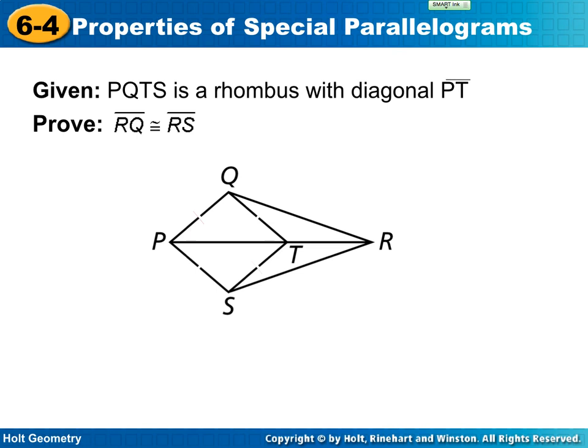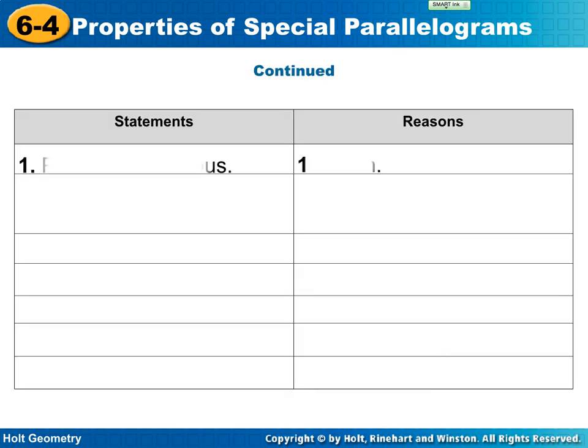So think, if I'm given that's a rhombus, what all would I know? Try and get some triangles congruent, possibly. Here's a solution.